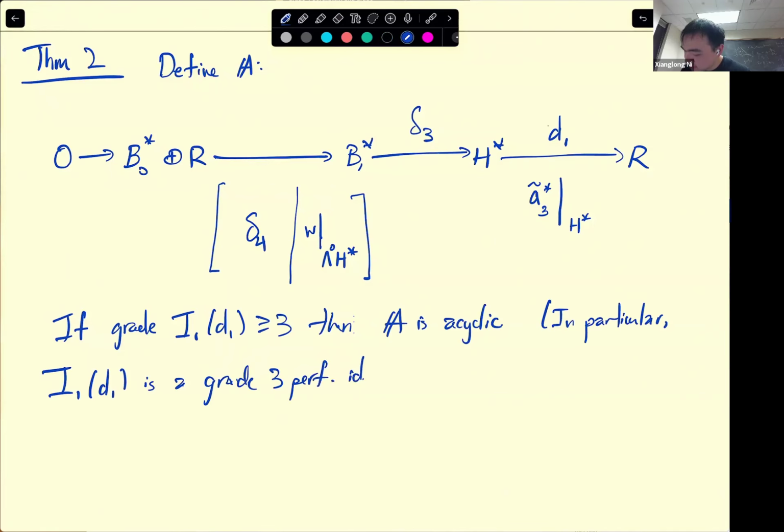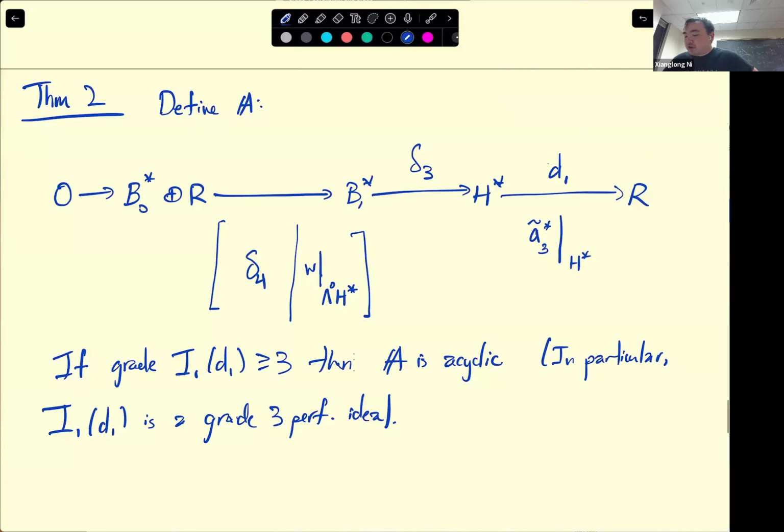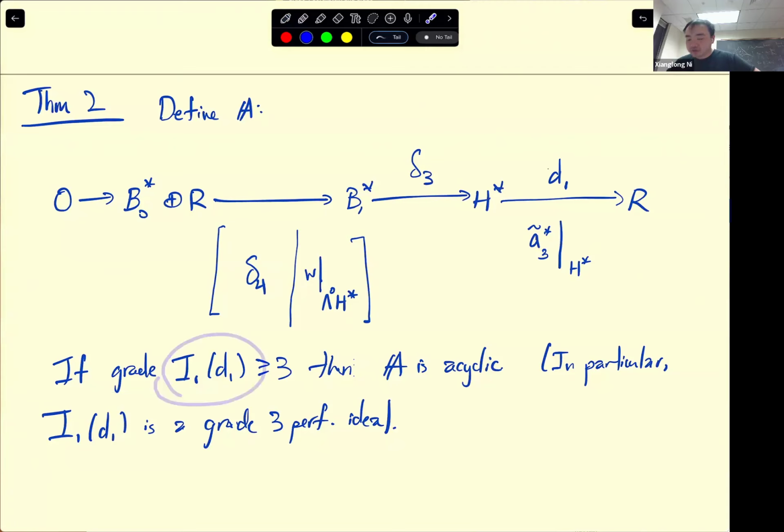The proof of this is more or less the same as the proof of theorem 1. Again, it suffices to prove this in grade 2, under the assumption that if I localize at a prime of grade 2, this ideal becomes the unit ideal. So I can reduce to the case that the original complex B is split exact and that this is the unit ideal. Then you can just spell things out explicitly and see that the complex you define this way is also split exact.